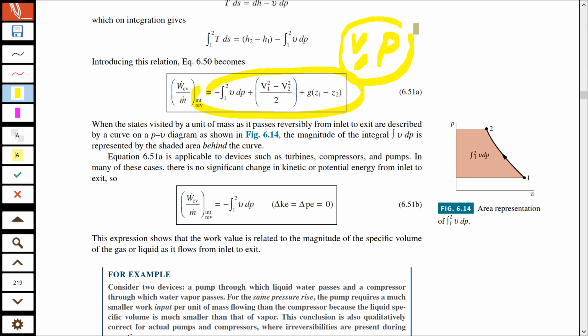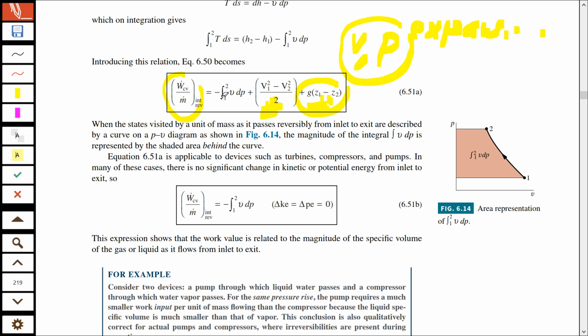If you look at everything on the right hand side, you associate volume, specific volume, pressure, with the expansion work. Now if you have a change in kinetic energy, if you have a change in potential energy, because they are also organized forms of energy, they can be associated with work transfer.